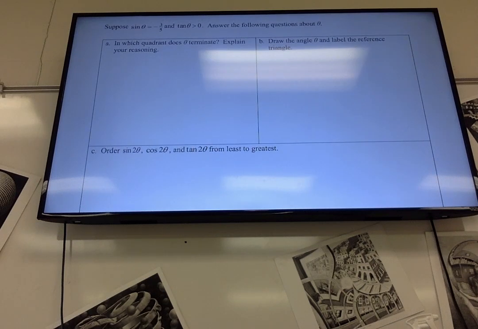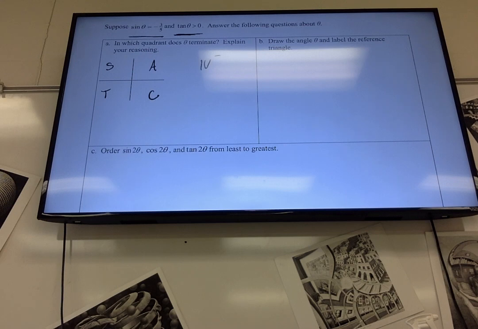So this one, it gives you sine and tangent. Well, tells you that tangent is positive. We want to figure out which quadrant it's in. So remember, it's all students take calculus. Sine is negative. Tangent is positive. So which quadrant should it be? 4.